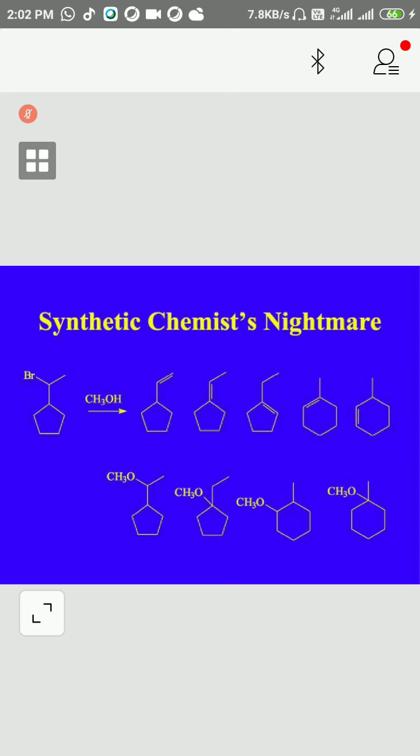And how many nucleophilic substitution products can take place? 1, 2, 3, and 4. So in this kind of reaction, it is very difficult to say exactly which will not form, only which will form. Maybe there is a chance of formation of all products, the ratio may be different.